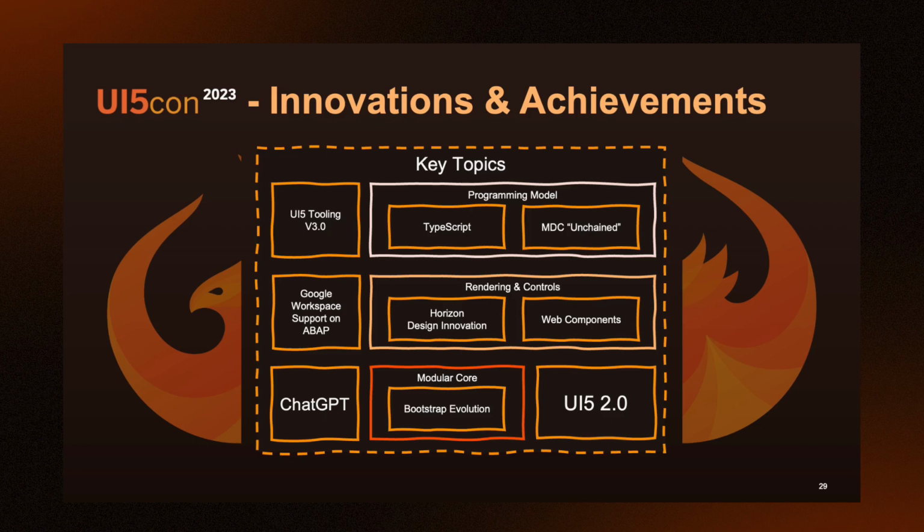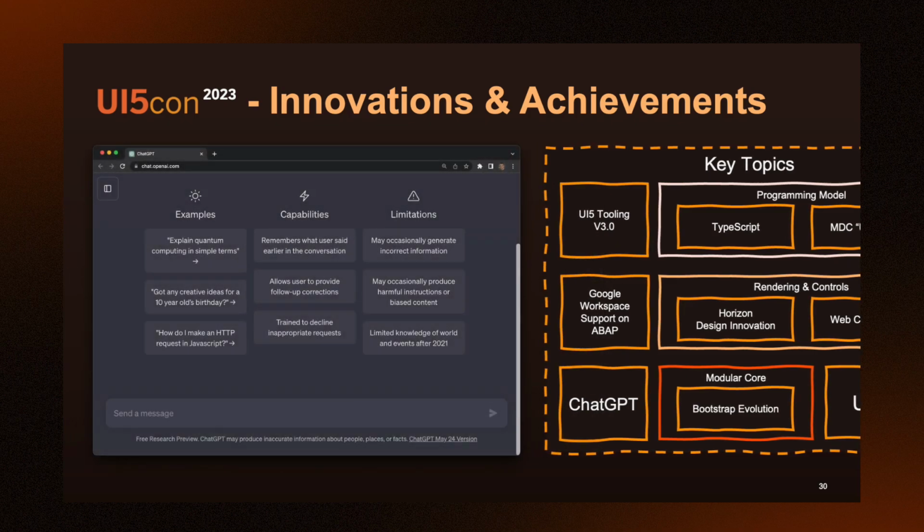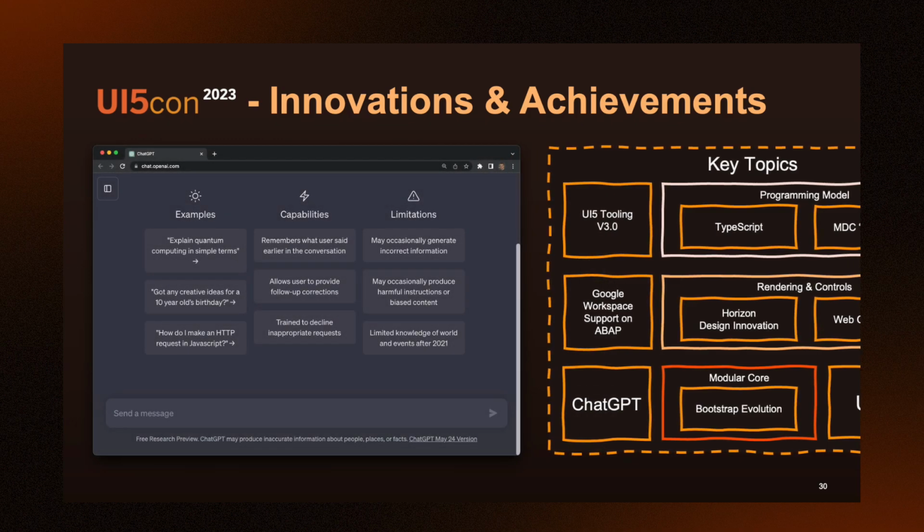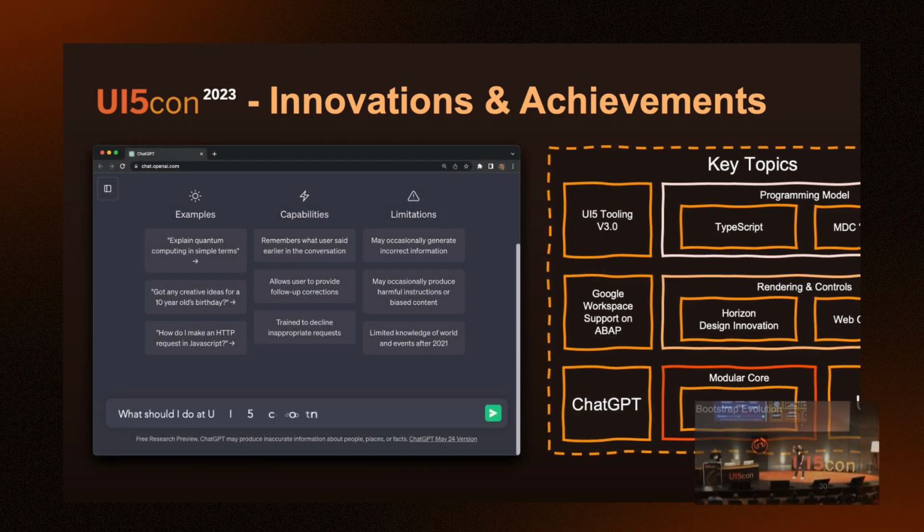We thought, hey, in 2023 there cannot be any keynote without ChatGPT. So that's why we want to show you a live demo, because we asked ChatGPT one thing: what should I do at UI5con today?